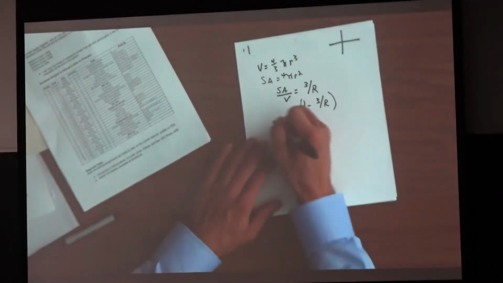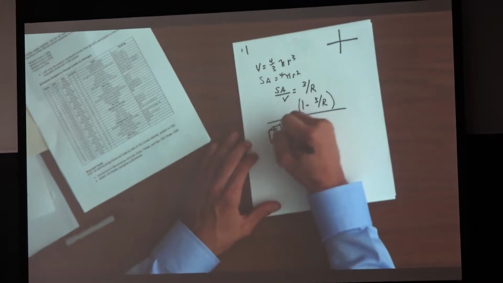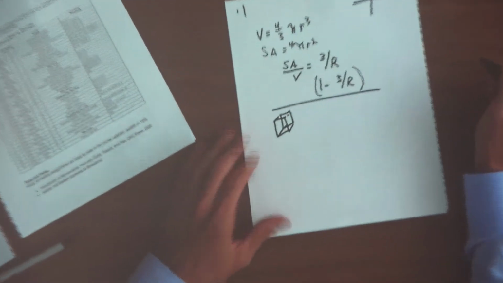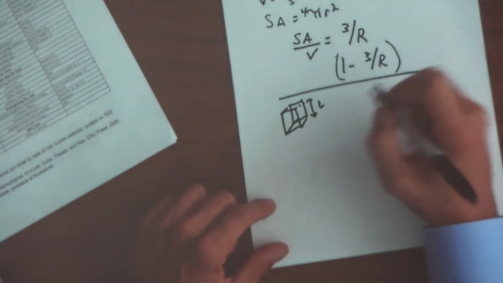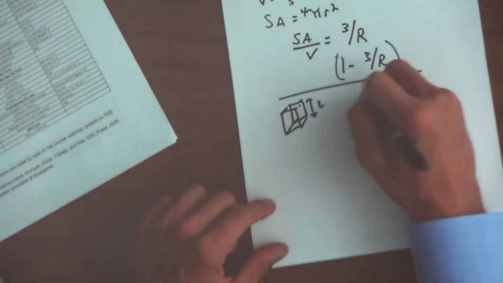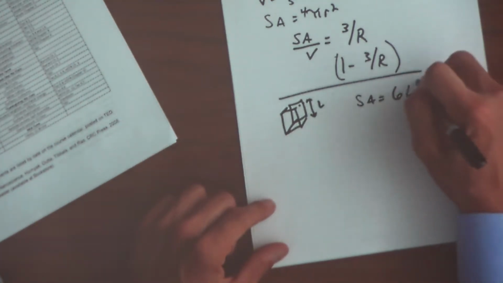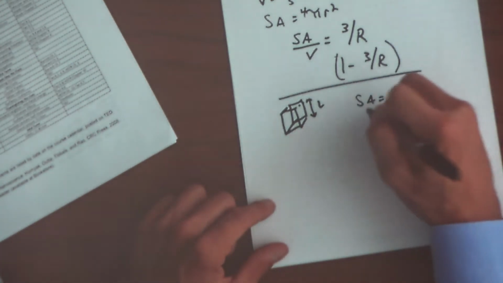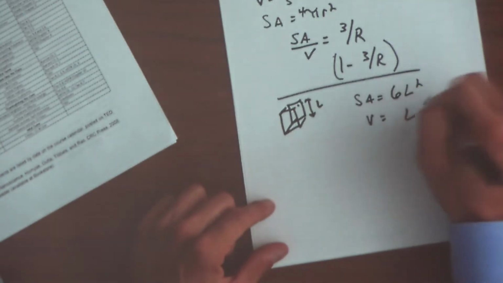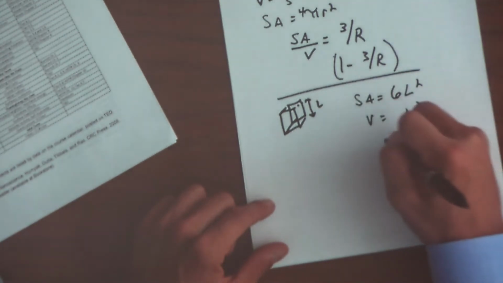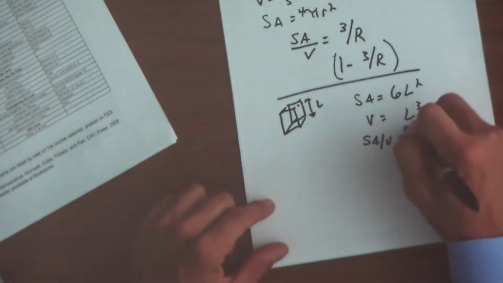So for a cube with each dimension of L, the surface area is going to be 6 because it has 6 faces times that length squared. And the volume is going to be L times L times L, right? So the surface area to volume ratio is 6 over L.